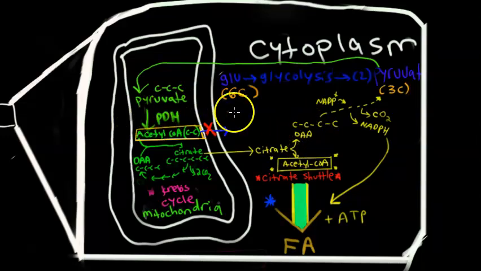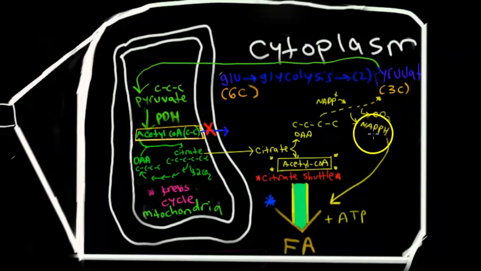Now what's really interesting is that this oxaloacetate can actually be converted into pyruvate. So we go from a 4-carbon molecule into a 3-carbon molecule, and therefore we need to lose a carbon, and we lose that carbon in the form of carbon dioxide. And in this process we convert NADP+ into NADPH.